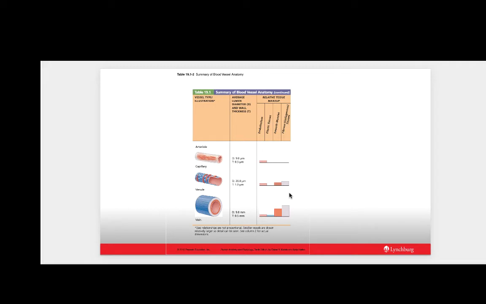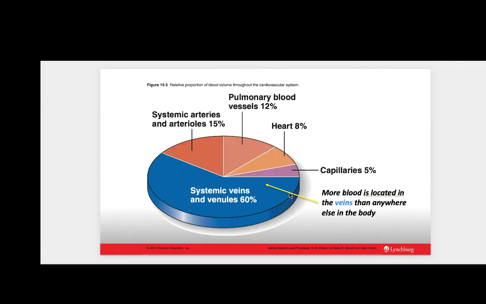Okay, so comparison of arterioles and capillaries and veins there. This is just a reminder, like what I said before, most of the blood in the circulatory system is contained in veins. So really about 60 or 65% is contained in the veins at any one point in time.